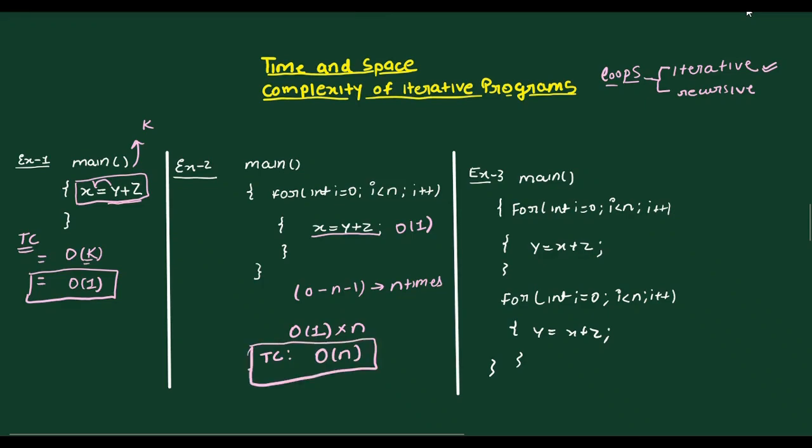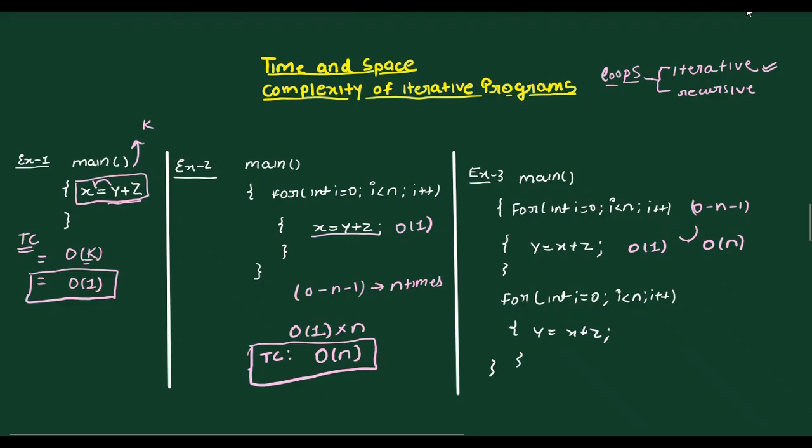So let us now analyze the third problem. In the third problem, first we have a loop which goes from 0 to n minus 1, doing a constant time operation inside it, right? So this entire thing becomes order of n as in the second question.